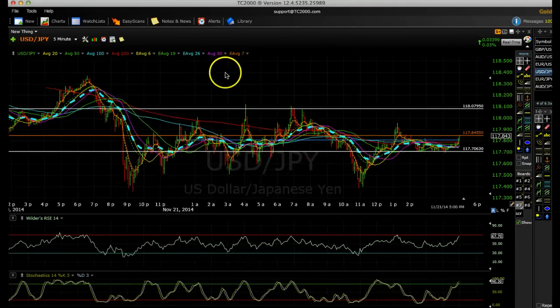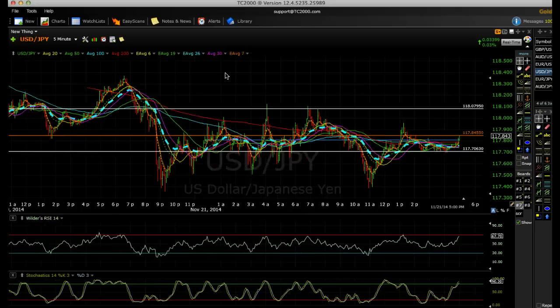Now also, a lot of things that you have to pay attention to with the currencies is they tend to try to retrace and retrace. The reason why I say retrace and retrace is because once you get a pop up, it'll go back down.